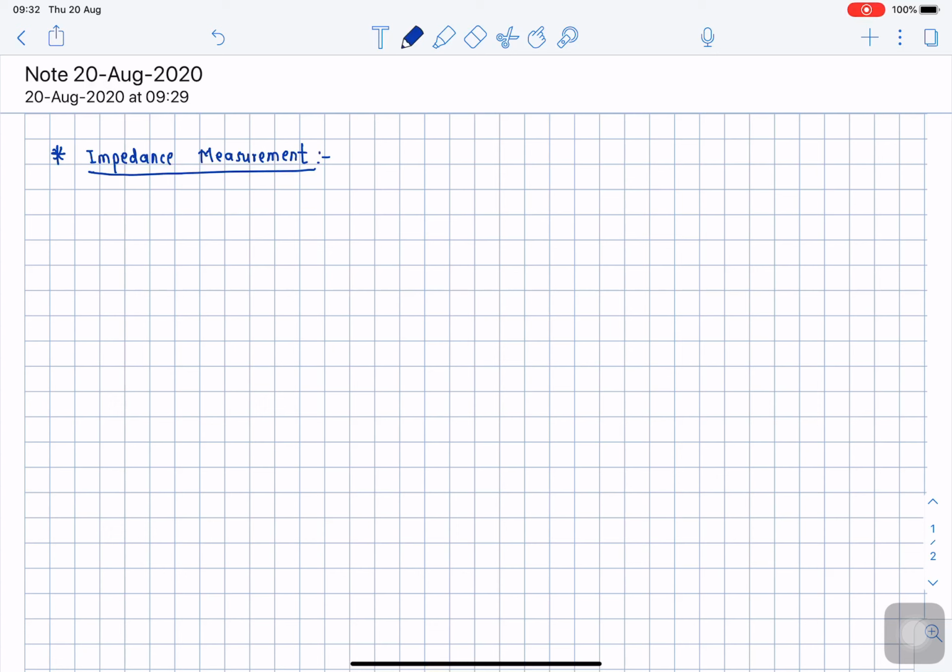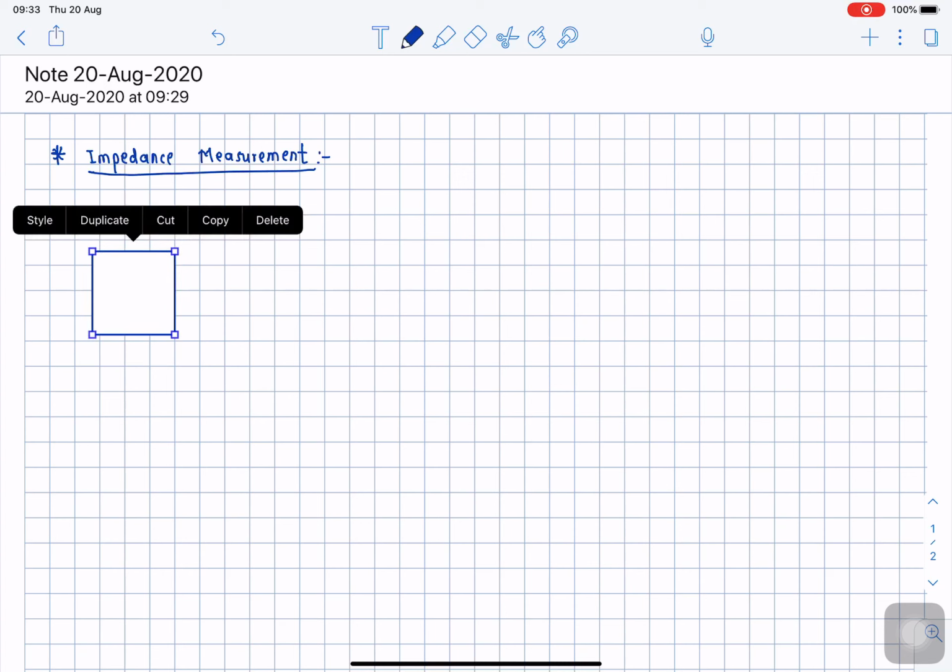First we begin with the source of microwave over here. We should have a source of a microwave signal, so here I will write microwave signal, or you can call it a microwave source.